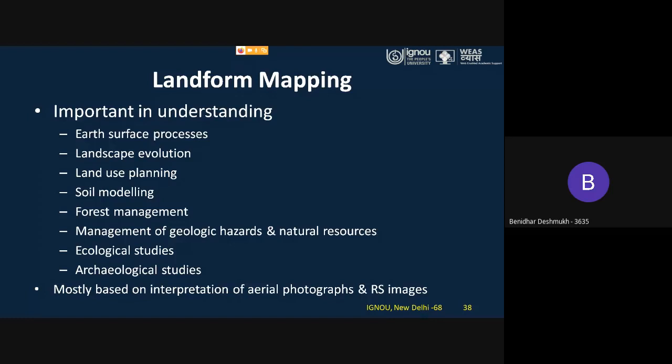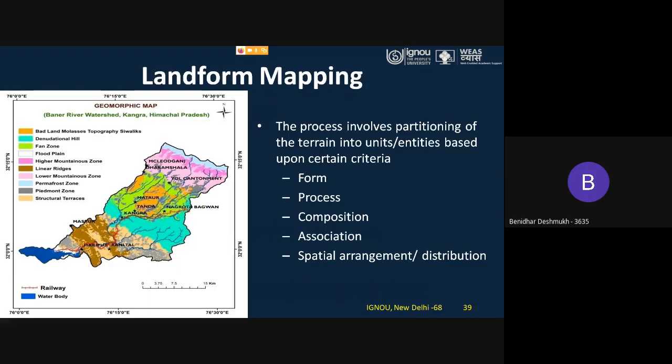Whenever we go for this mapping, as we discussed earlier, we need to identify those features and map and create a map. This interpretation is from the aerial photograph or from the remote sensing images. Now this is one example where landform mapping has been done, and I have forgotten to mention the source here.